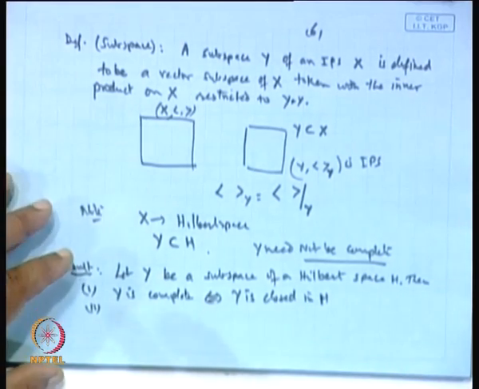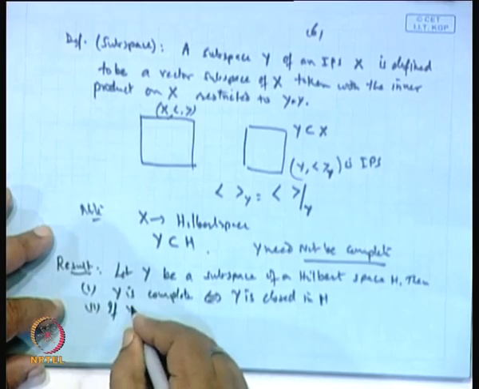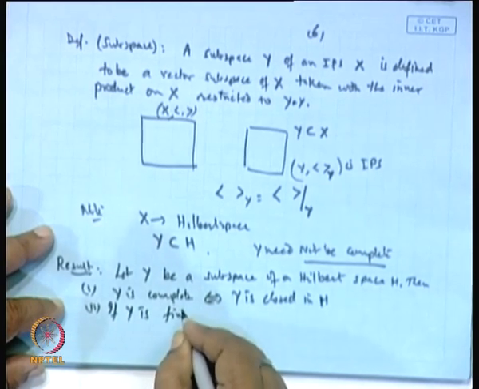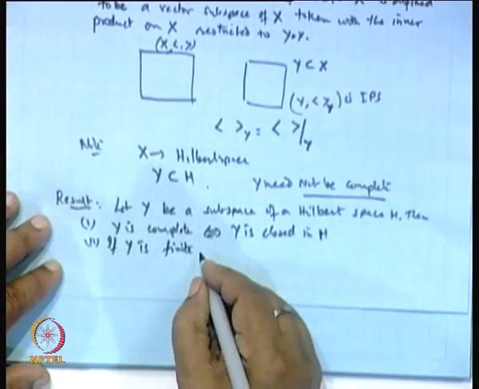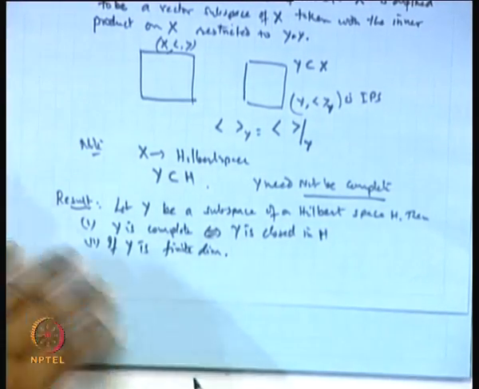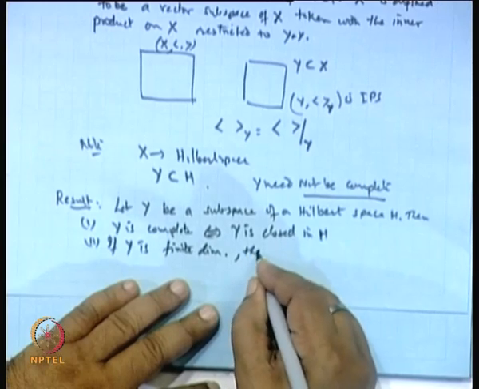Then if Y is finite dimensional, then also Y is complete, is it not?